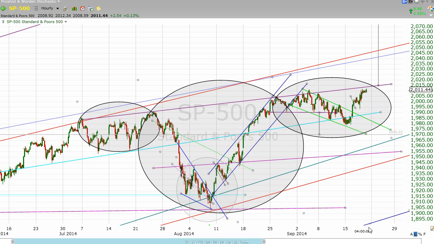Now, these patterns usually or often tend towards symmetry, meaning if we spent 3 weeks forming the left shoulder, we usually spend about 3 weeks forming the right shoulder. That's why this, I think, may be a little fuzzy, because you can see we had two tiny little attempts to break out over this neckline that didn't work.